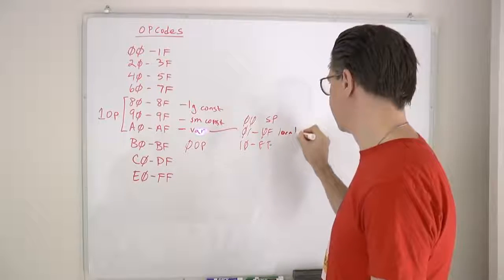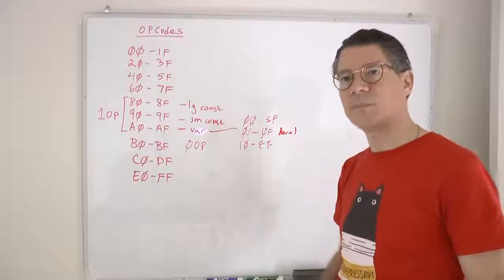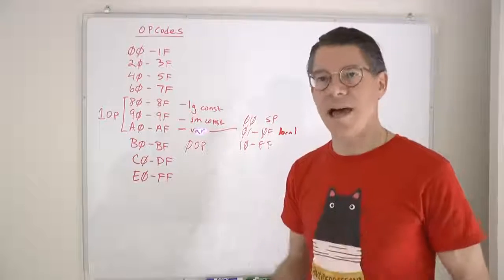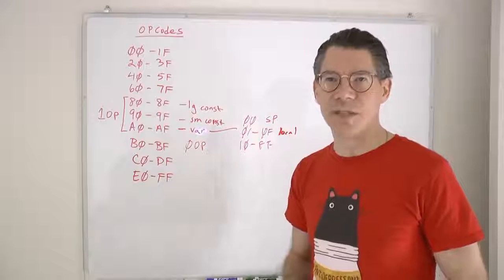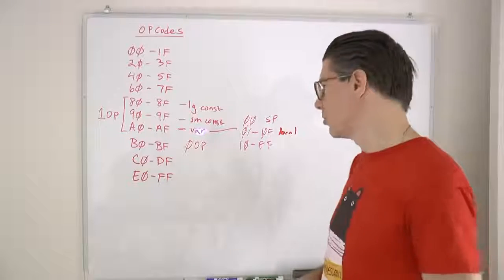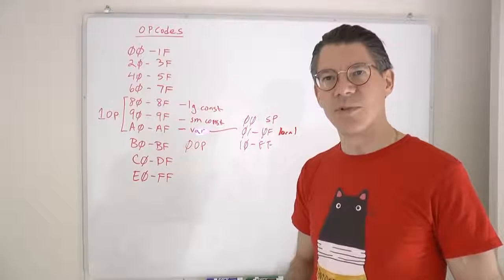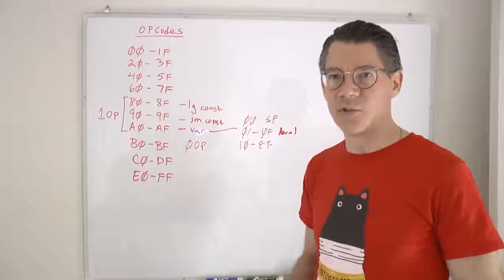From 01 to 0f, these are reserved as local subroutine variables. So these are the locals. And there are 15 of them from 1 to f. So every time a subroutine starts up, it can basically say how many locals it uses, and of course it can't have any more than 15 locals. Each local is, because again the Z machine is a 16-bit machine, each local has 16 bits, or 2 bytes.